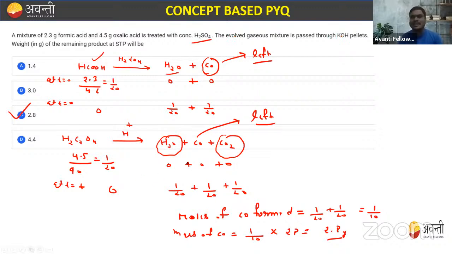KOH absorbs CO2 and H2SO4 absorbs H2O. So what are we left with? We are left with CO. Here 1 mole of CO and here also 1 mole of CO is left. The total number of moles of CO left is 1 by 20 plus 1 by 20, which is equal to 1 by 10. Now, if you know the moles, then we calculate the mass: moles into molecular mass. So this is how we calculate. Done?